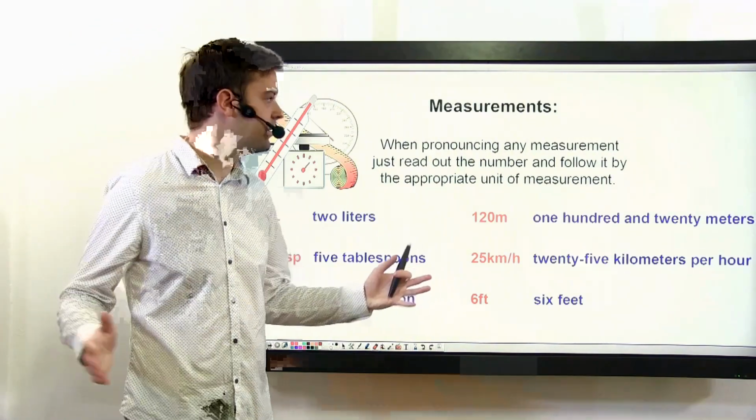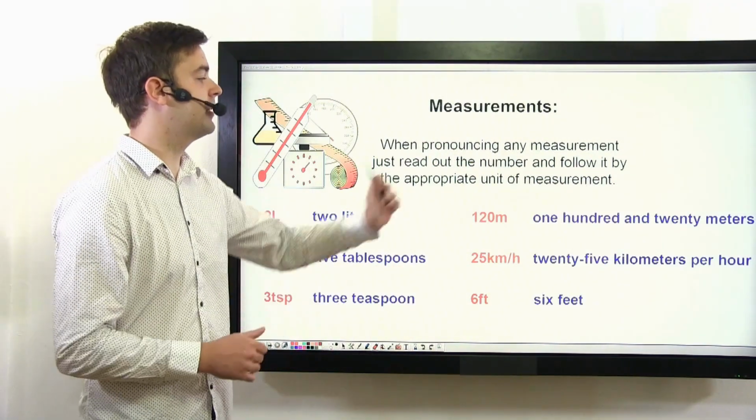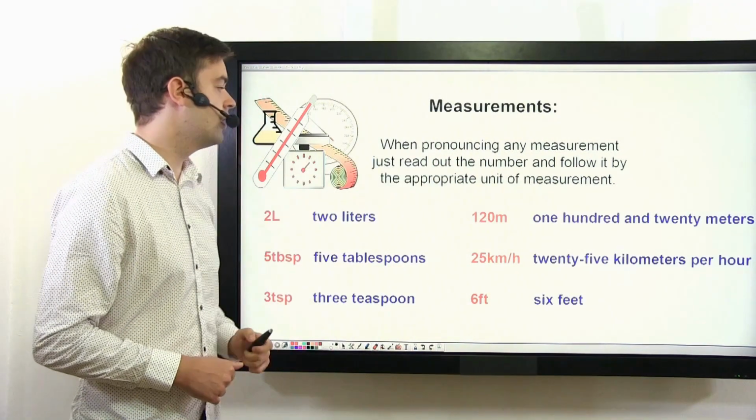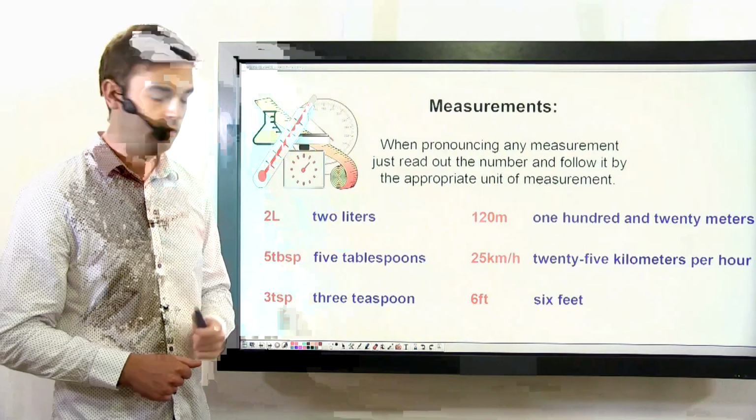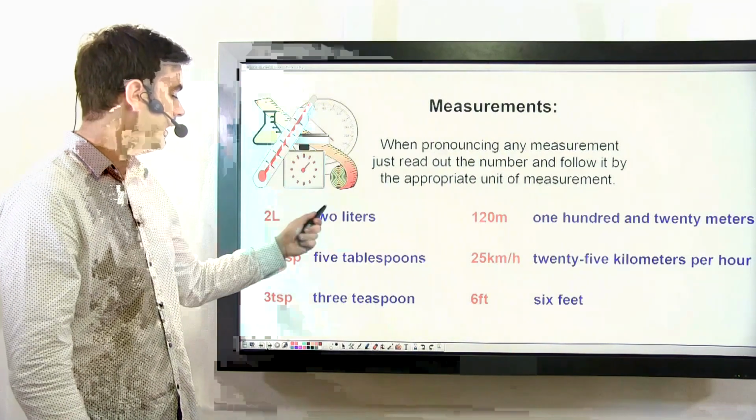How do you measure things? So, when pronouncing any measurement, just of measurement. Very easy. For example, 2 liters. Tablespoons.